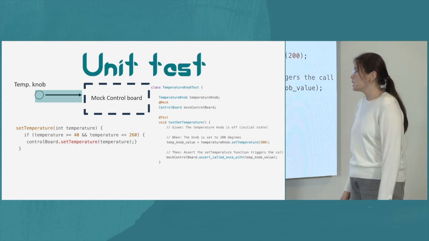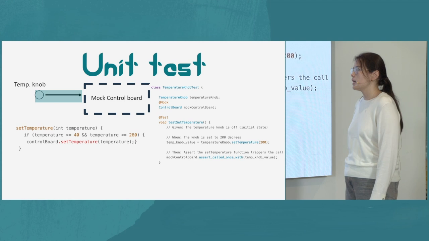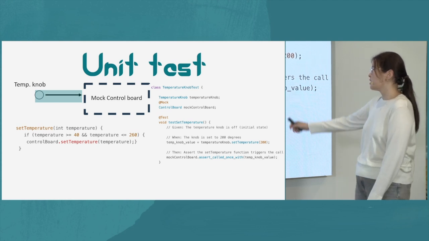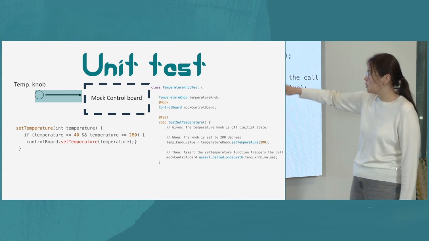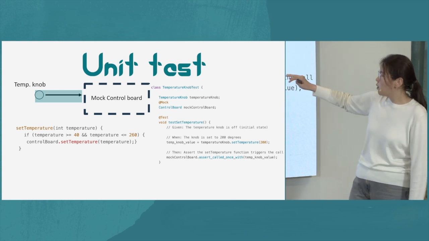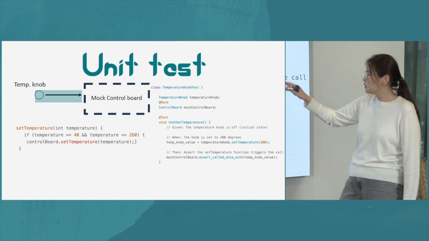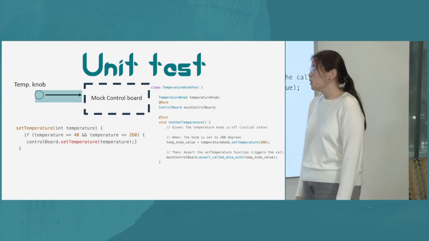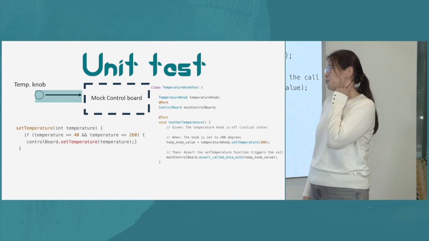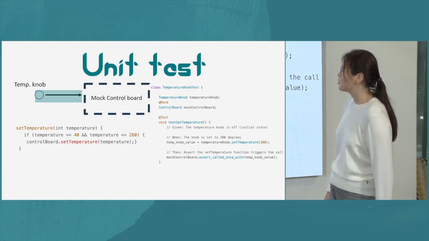Yeah, so basically for the 200 degrees that we set in the temperature knob, I created a small test by the given-when-then template. So given temperature is off, when set to 200 degrees, the set temperature function triggers. So I wanted to better explain the difference between integration and unit.